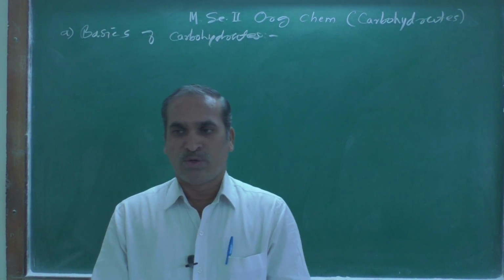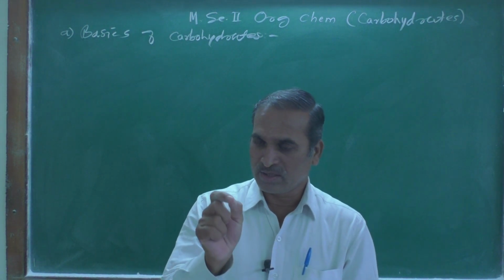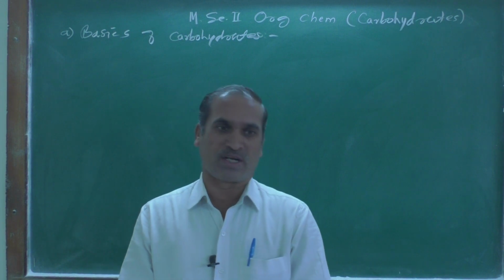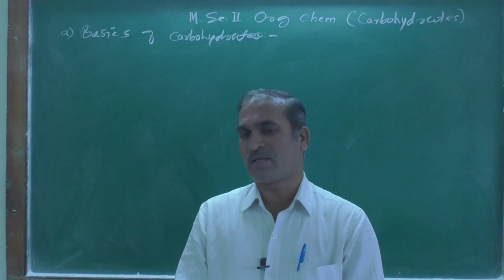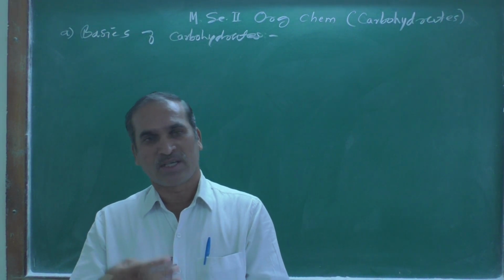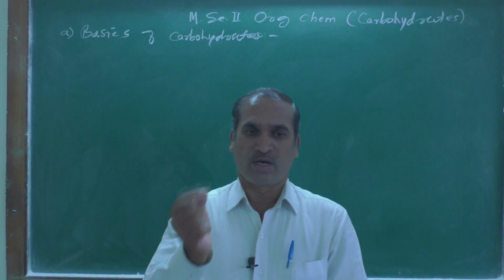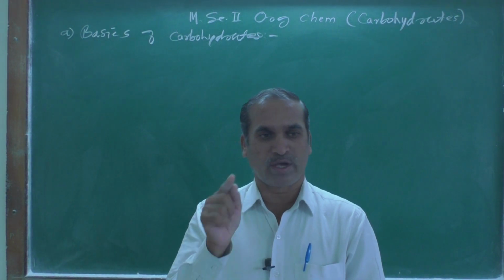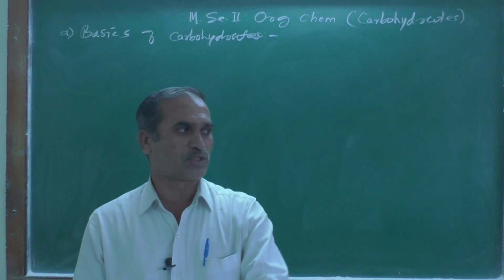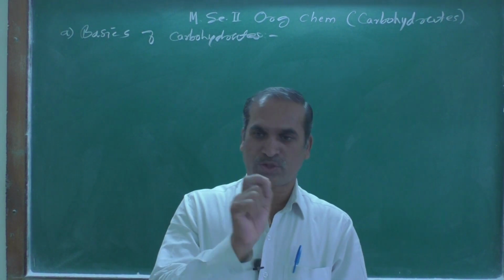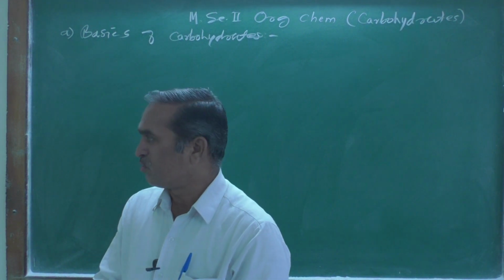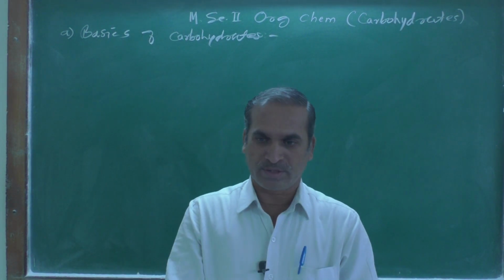Many of you might know that the common names of monosaccharides are generally given as glycose. The last three letters, OSE, indicate a sugar unit. If an aldehyde group is present in the carbohydrate, then we call it an aldose.